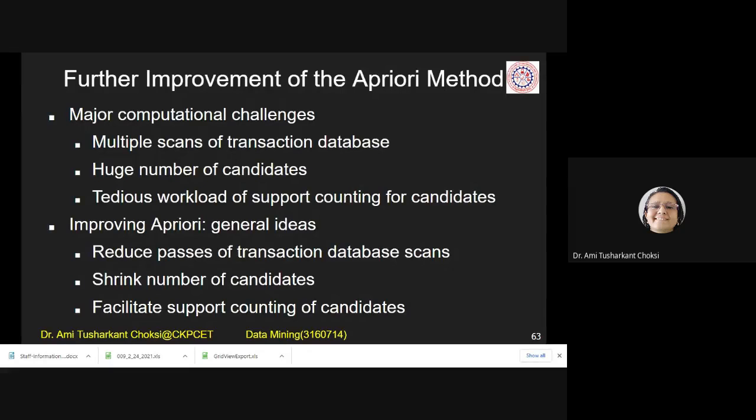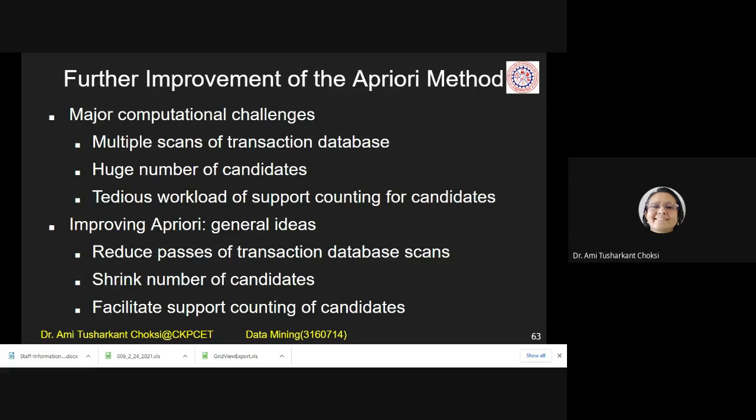The general ideas are: reduce the passes of transaction database scans. Second, shrink the number of candidates, because we have a large number of candidates. You can say, ma'am, we have considered only 2, 3 candidate sets. See, it was the example, right? In reality, we cannot have only 9 transactions in the database, isn't it? So large candidates are there. What we do is we should have a way by which we can shrink the number of candidates.